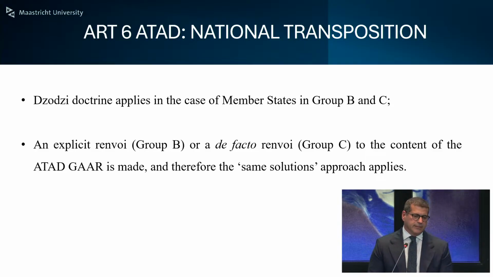It means that the Court of Justice can be asked to give preliminary rulings also in situations that are out of the scope of the original text, because the member states of Group B and Group C have explicitly or de facto applied the same solution to situations falling within the scope of the original text or of the implementing measures. And so this gives the taxpayers the opportunity to raise questions to the Court of Justice.